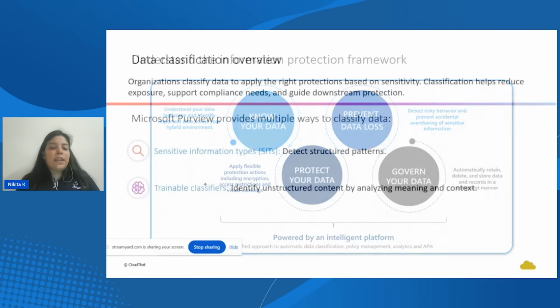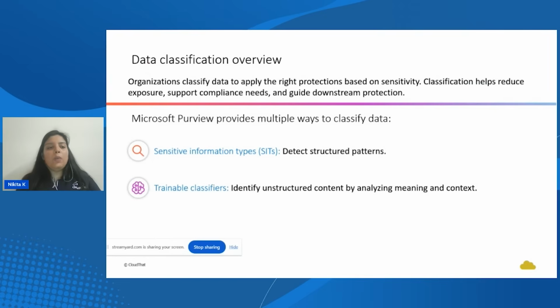Now, the first step is to know your data, which means data classification. When we go on classifying your data, we have two methods: either you can go with the SITs or you can go with the trainable classifiers. SITs are basically used when you want to detect a structured pattern.